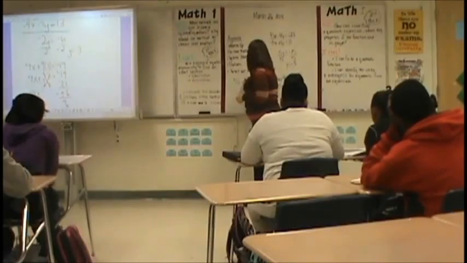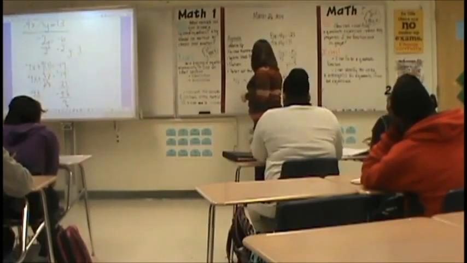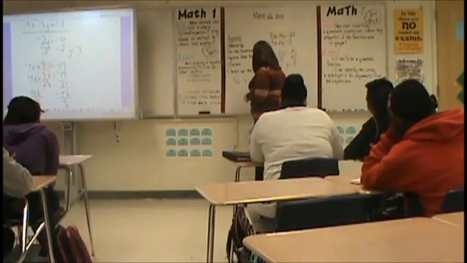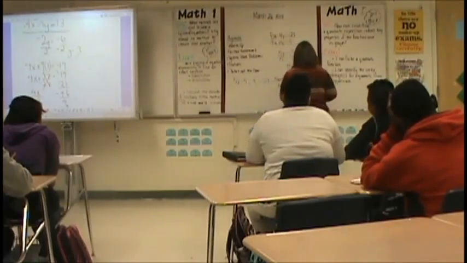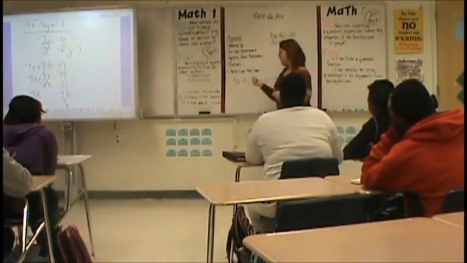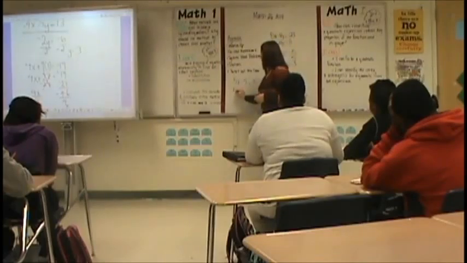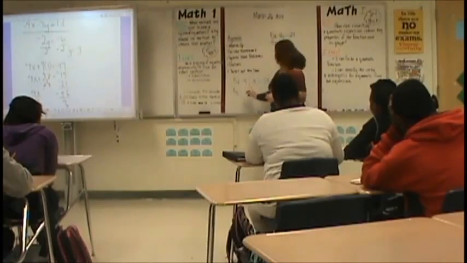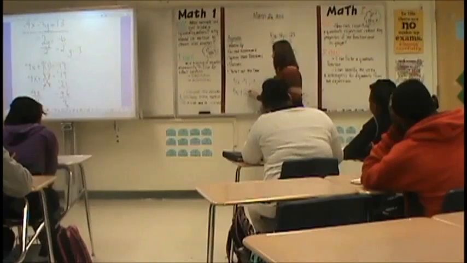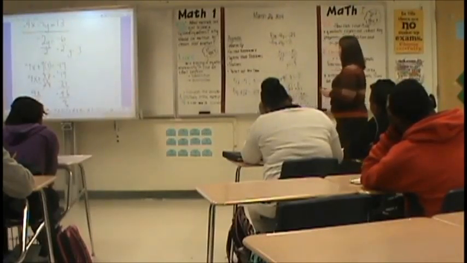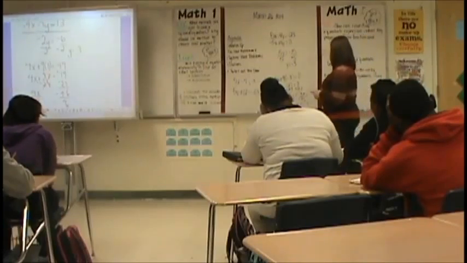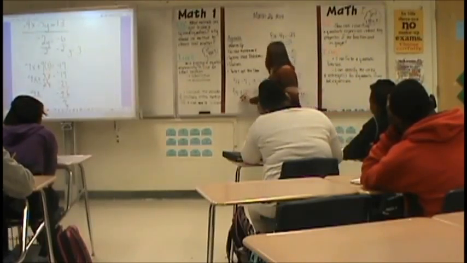So I've got 5x minus 4 times negative 3 equals negative 23. What's this going to get me if I chose the first one? 5x plus 12 equals negative 23. Subtract the 12.